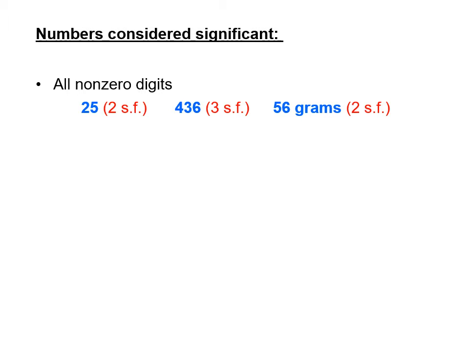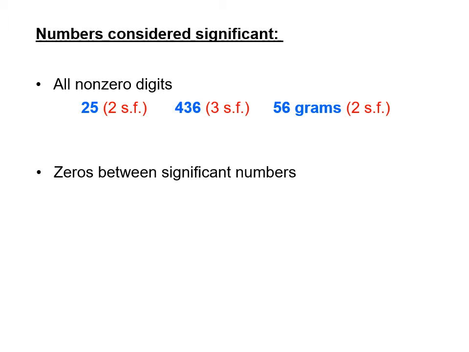Notice that here, the only one that actually has a unit is 56 grams, which indicates to me that there was a measuring device, like a scale, involved to make the measurement. If there's no unit shown, you assume that it was a measuring device that was used. And so the significant figures are limited to whatever numbers we are given.